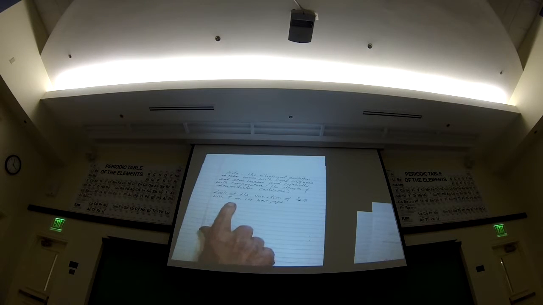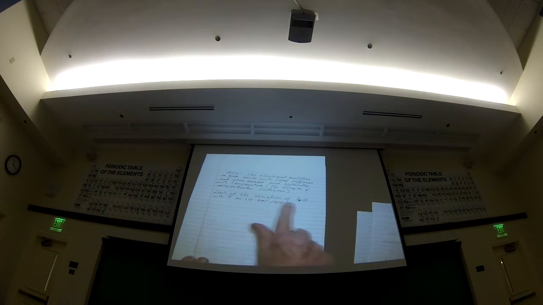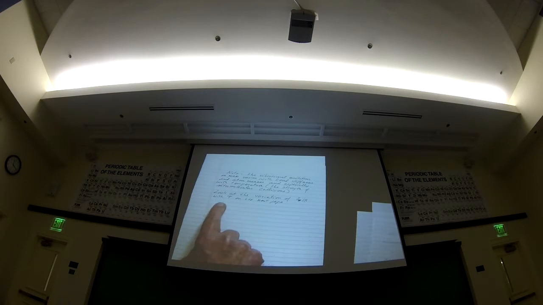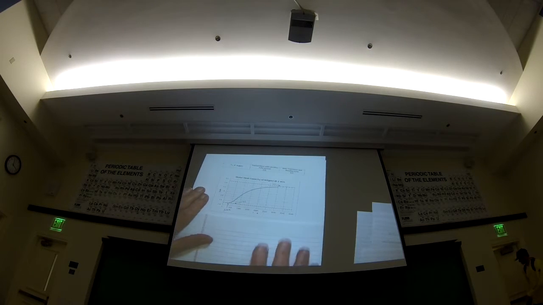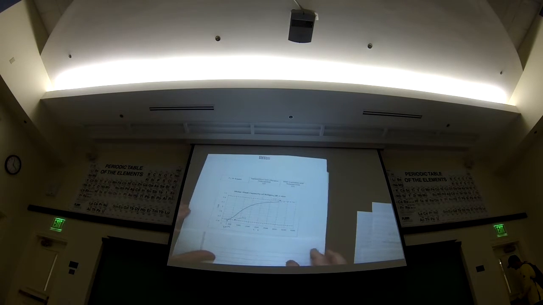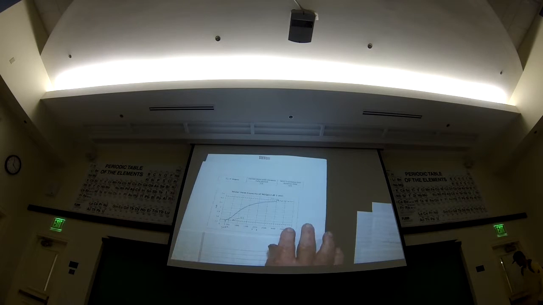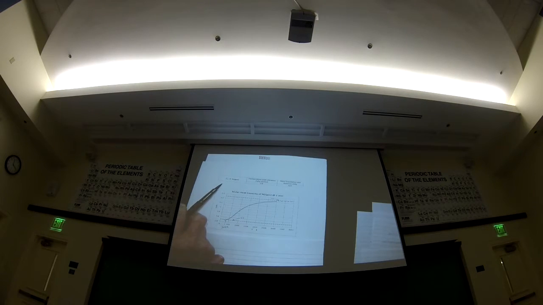So I generated a graph, a variation of the reduced constant volume heat capacity with temperature. So let's look at that. Here it is.